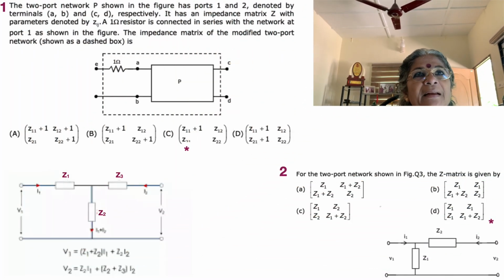And in the T network or the star network, we have Z1, Z2 and Z3 in the middle, such that Z1 plus Z3 gives us Z11. Similarly, Z2 plus Z3 gives us Z22. And what is in between is going to be both Z12 as also Z21. It is a reciprocal circuit, and it can be symmetrical if all the values have equal values. So let's move on to the second problem.